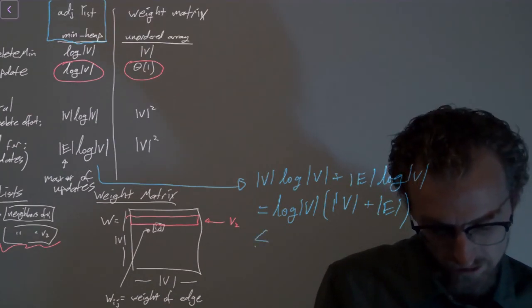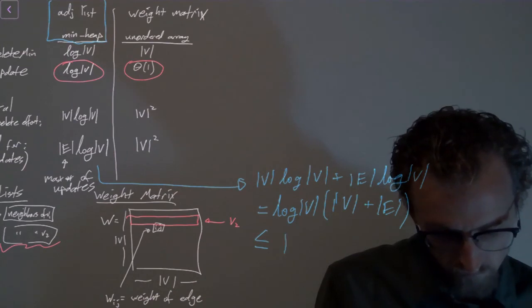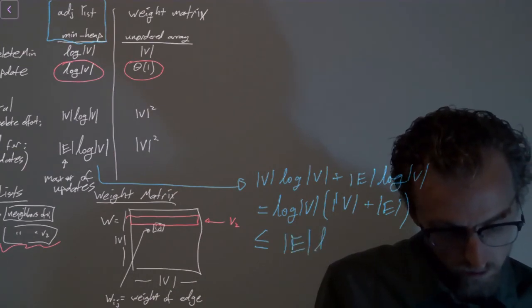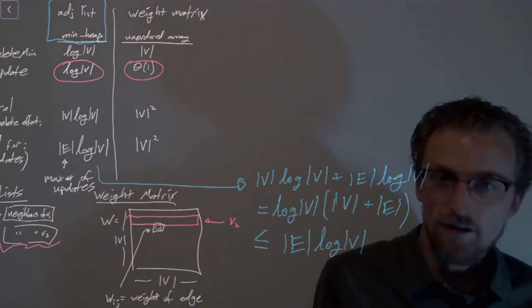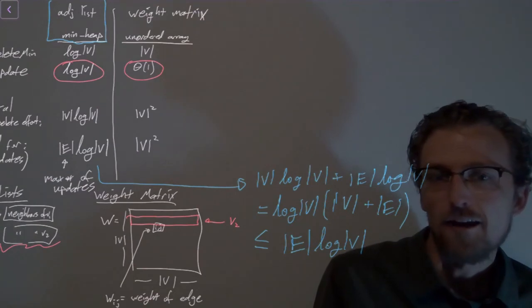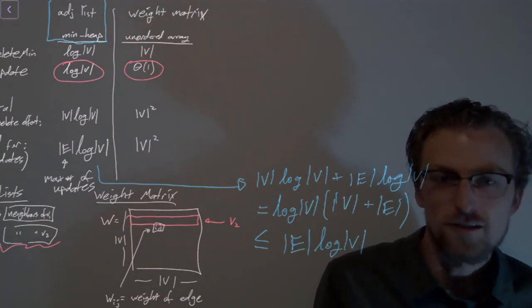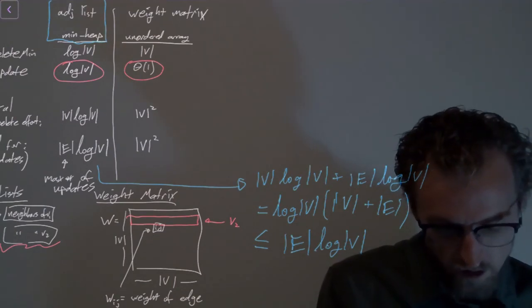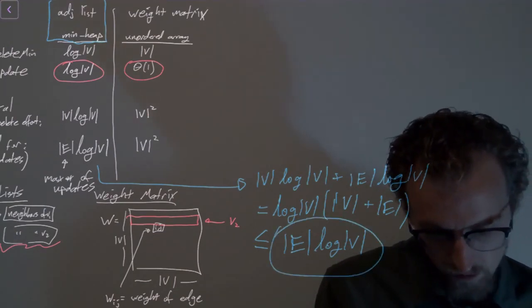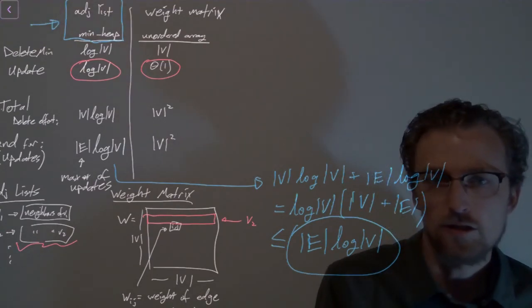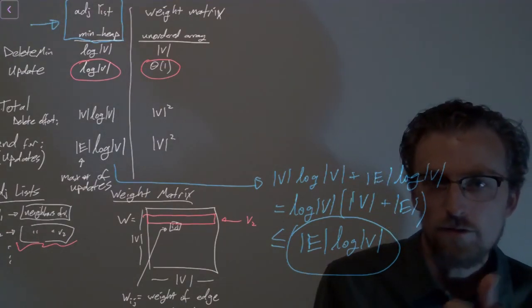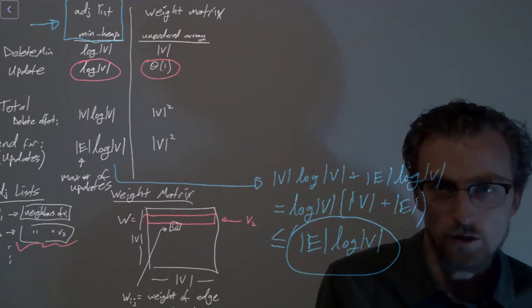So this is always going to be less than or equal to E log V. Each vertex has an edge, so the number of edges essentially bounds the number of vertices, so I get this. So there's my complexity if my representation is an adjacency list for the graph and a min heap for the priority queue.